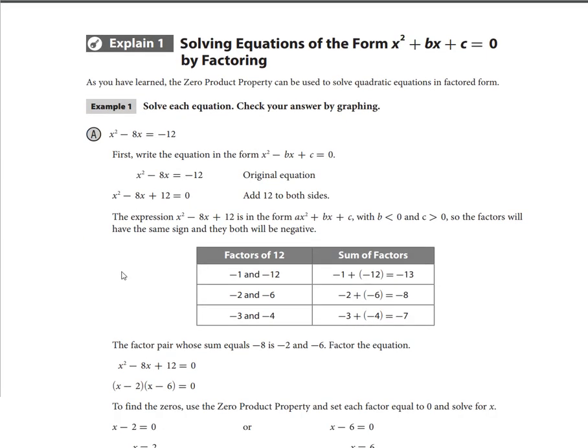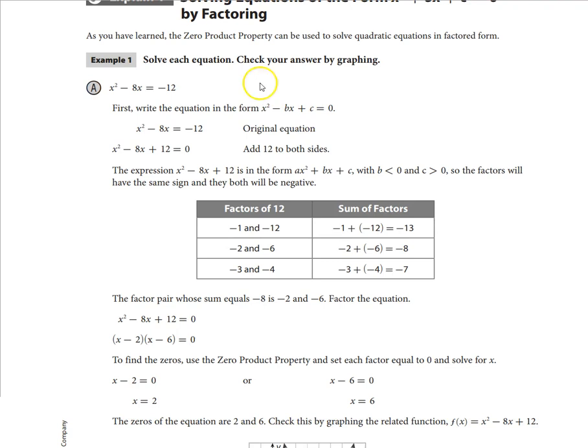The next part is using this type of factoring to solve a quadratic equation. We're going to use the zero product property along with this type of factoring to solve quadratic equations by getting them into this factored form. Step 1 is that we need the equation to be equal to 0.